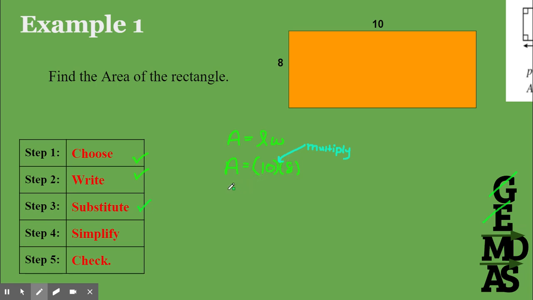So we're going to actually do that step now. The area equals 10 times 8, which is 80. So multiply and divide is gone, and you can see there's no more steps, so add and subtract is gone. And the answer is that the area of this rectangle is 80 units squared. We just don't know what the units are.